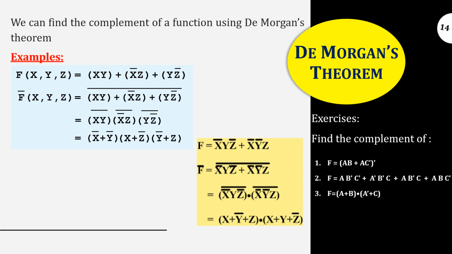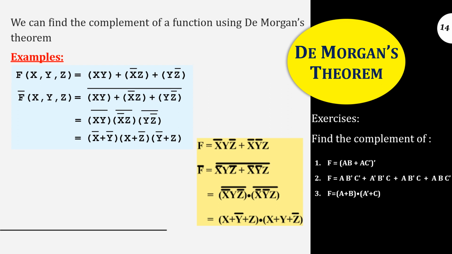So we break the line and we change the sign. Again, (XY) the whole bar: again, we can break that line and change the sign. So individual variables will be complemented now, so X bar, and that dot will be changed to plus, so X bar plus Y bar, into then X bar bar plus Z bar.